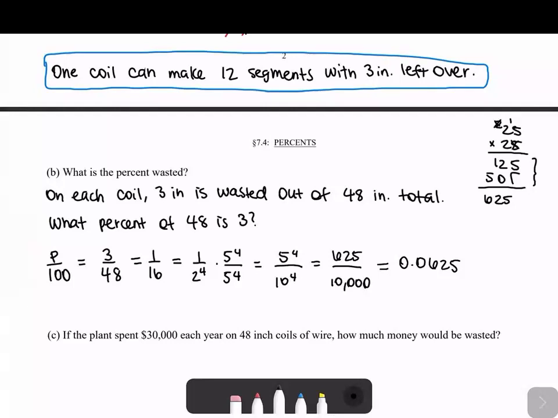So the percent wasted, if we convert 0.0625 to a percent, is 6.25%.